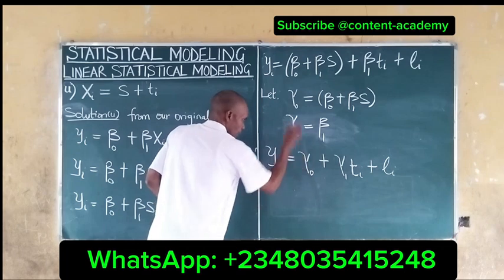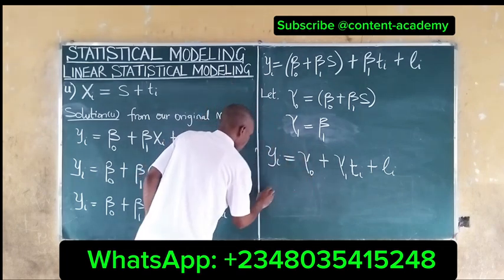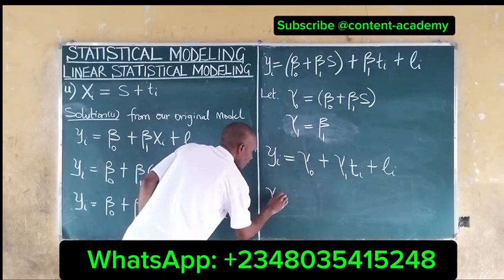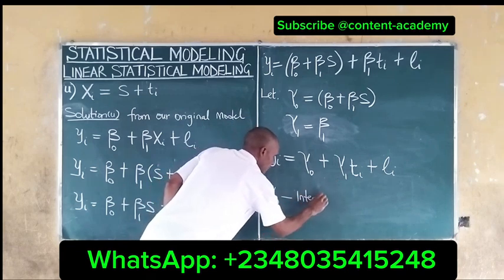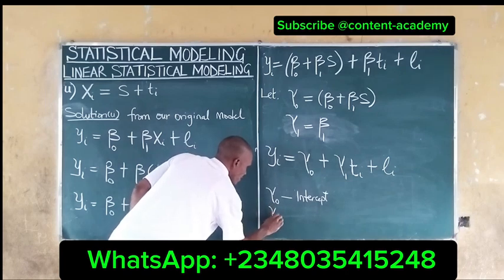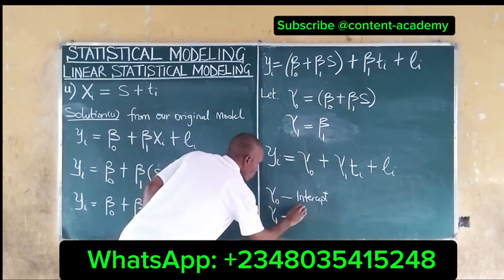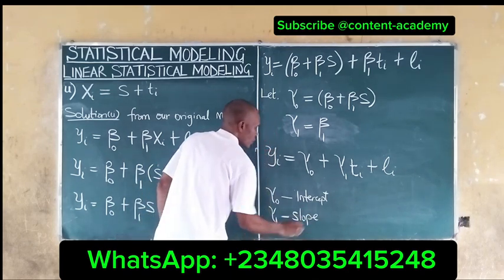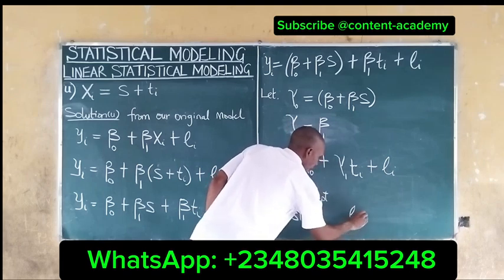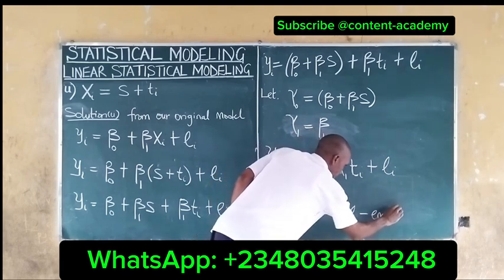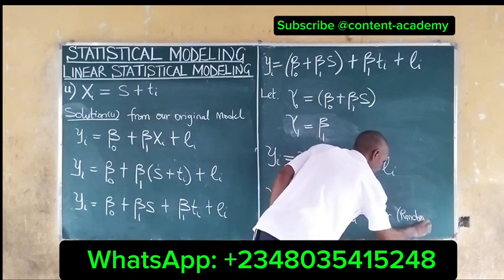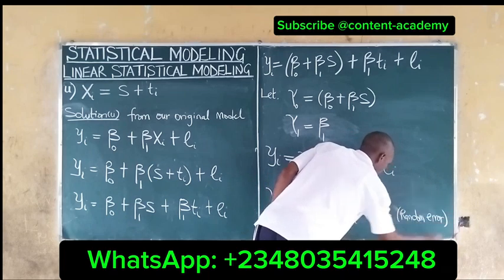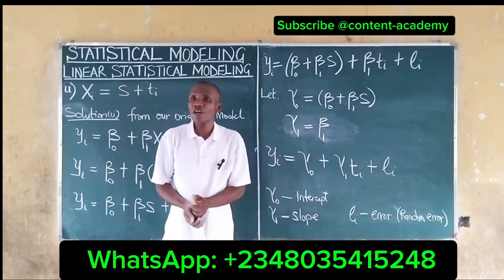So we can compare it, where this becomes our intercept and y1 becomes our slope. e_i becomes our error, or you call it random error, or you call it vector error.